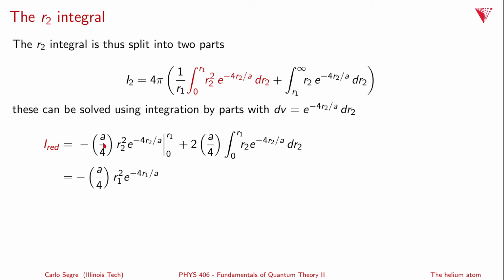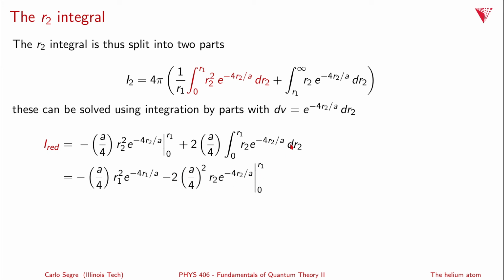So here, this first term in the integration by parts does not go to 0 because you're evaluating it not at infinity, but at r1. So you get minus a over 4 times r1 squared, that is when you replace r2 with r1, e to the minus 4r1 over a.